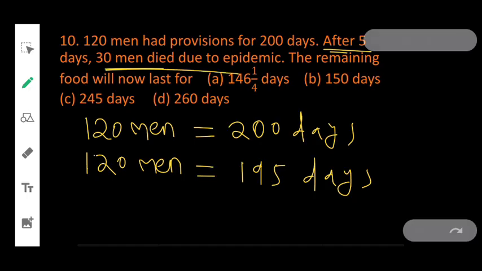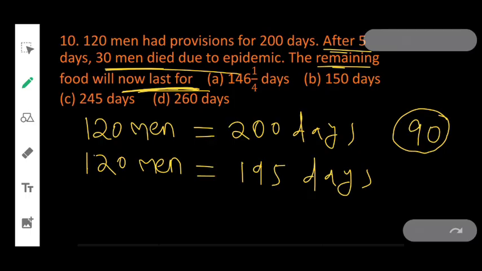Okay, so remaining men are 120 minus 30 is 90. So I have to find out the remaining food, how many days the remaining food can last.